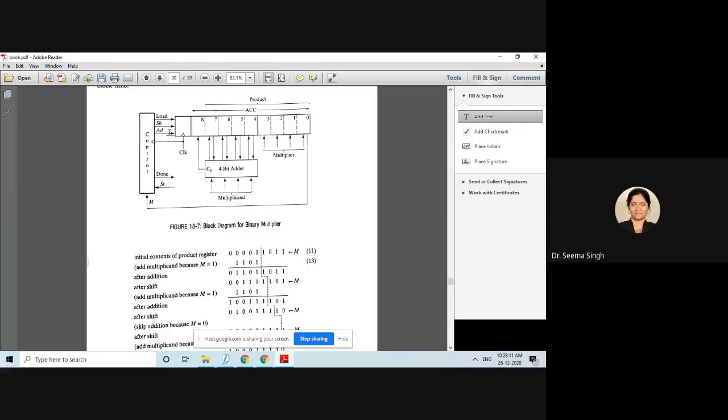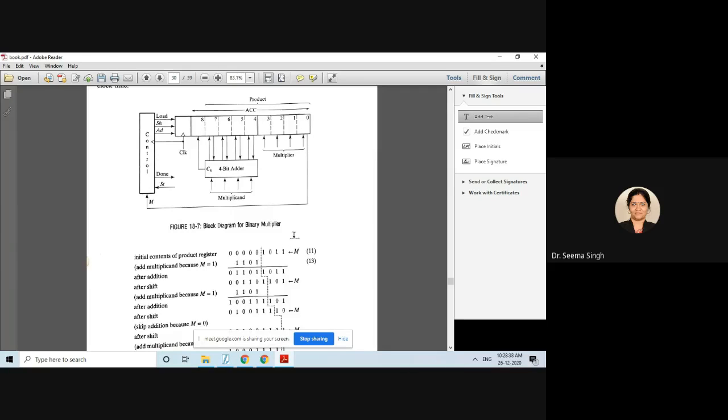Initial content means 4, 5, 6, 7, 8 are kept vacant, at 0, 0, 0, 0. And your multiplier 4 bits are kept at the LSBs of the accumulator. This accumulator is a 9-bit accumulator, 0 to 8. So your 0, 1, 2, 3 has your multiplier.